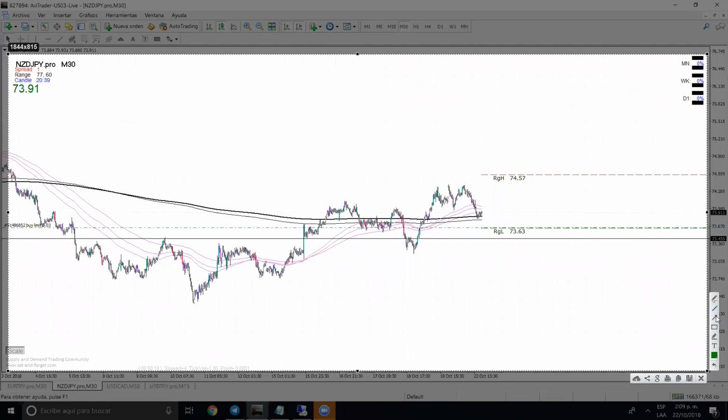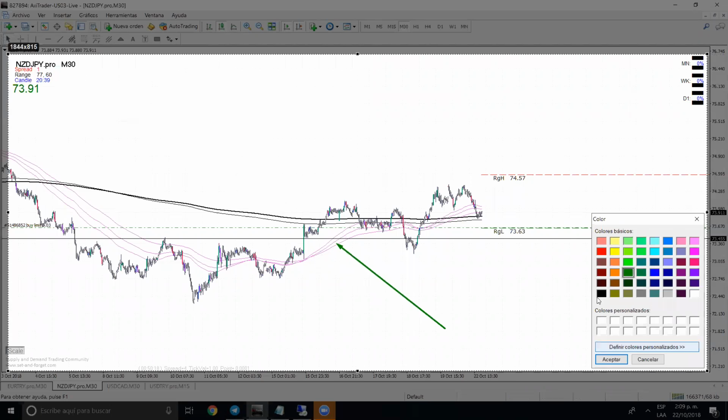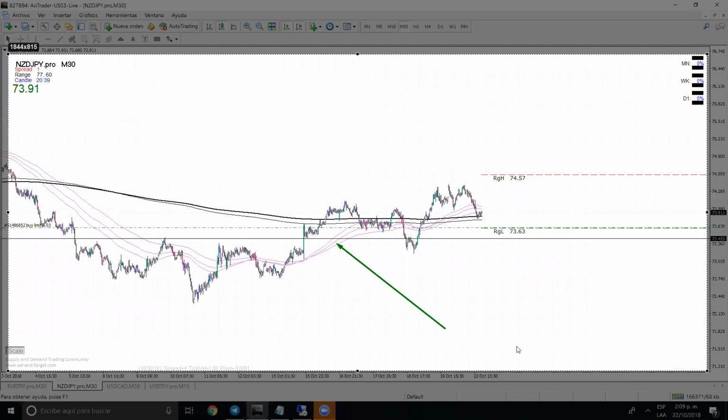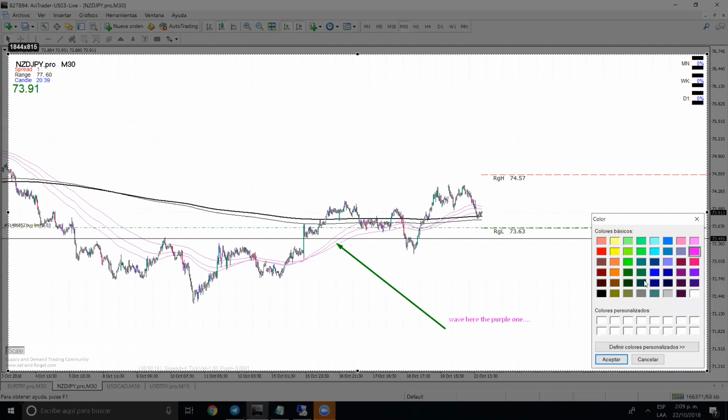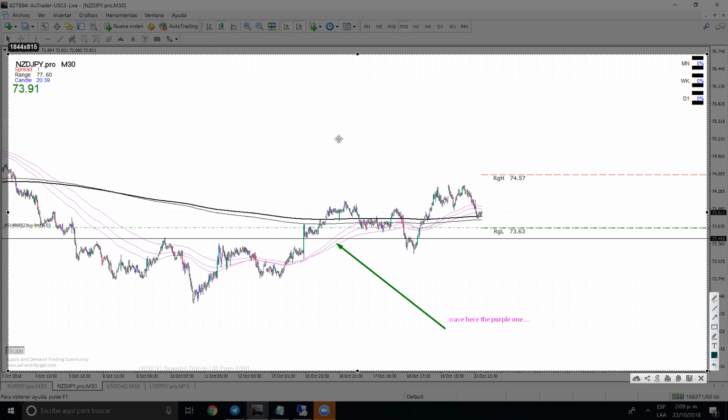We have this wave, the purple one, and we have a tunnel.